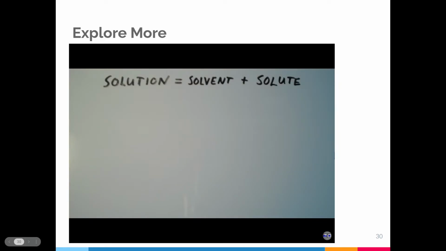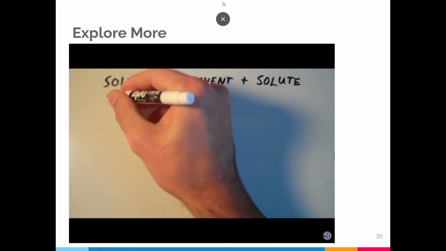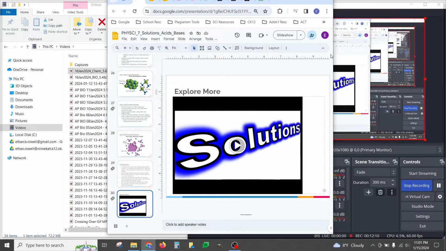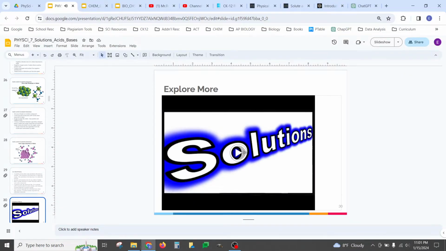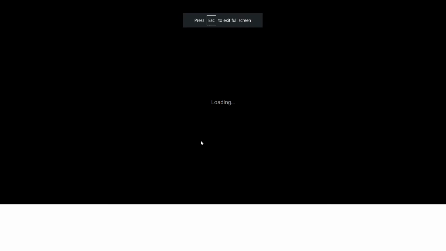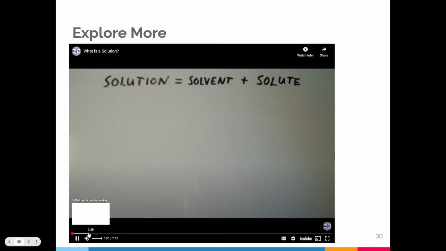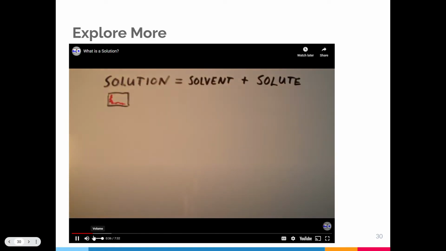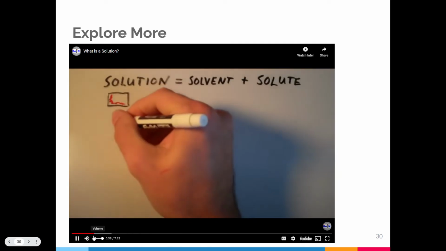So, in other words, suppose I have a big beaker of solution, and I poured this solution into two smaller beakers.